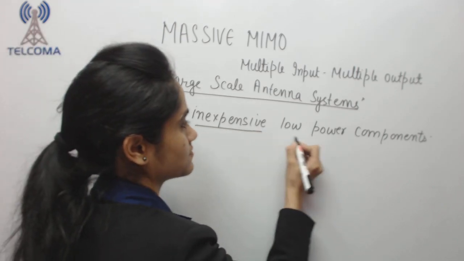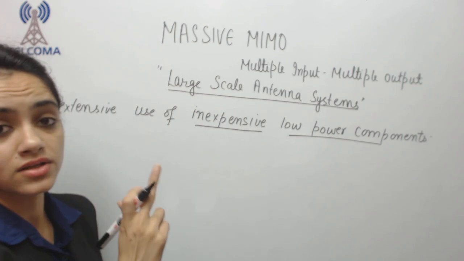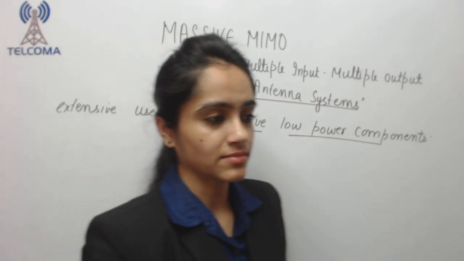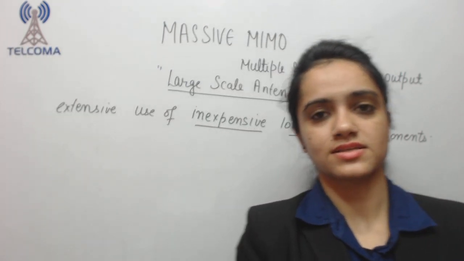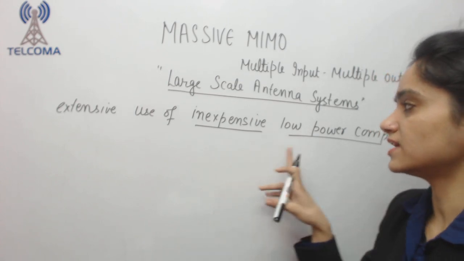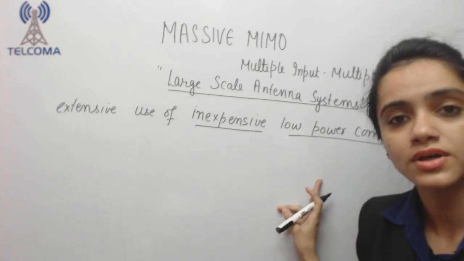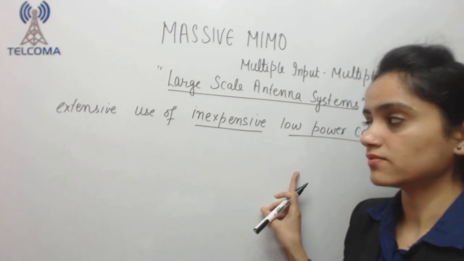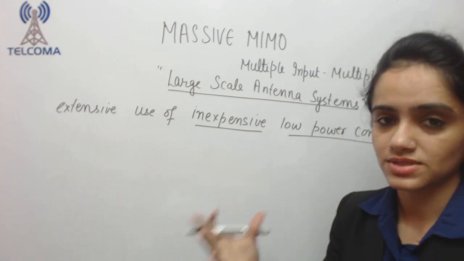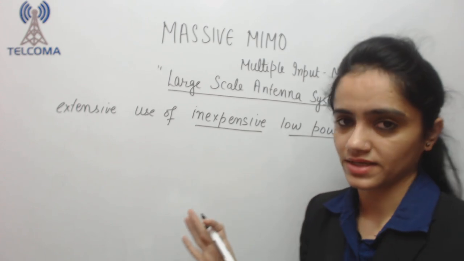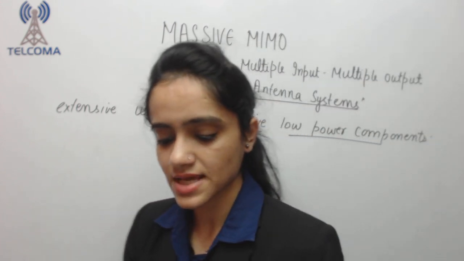So we are using inexpensive and low power components. That means we are saving our cost. This is also a 5G aim, that we are going to have cost efficiency in our network. Because we have to save the energy and the power as well as the cost, we are using extensive use of inexpensive low power components.